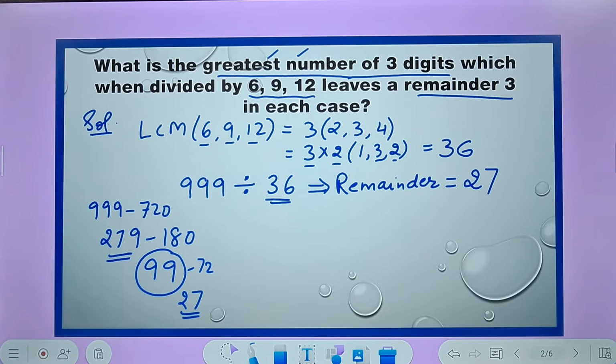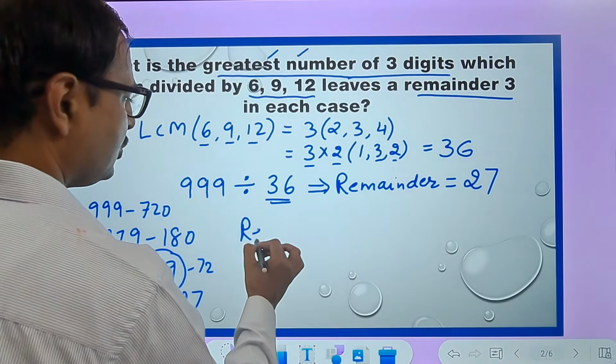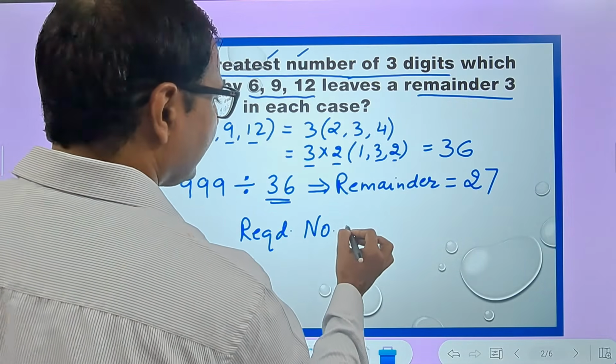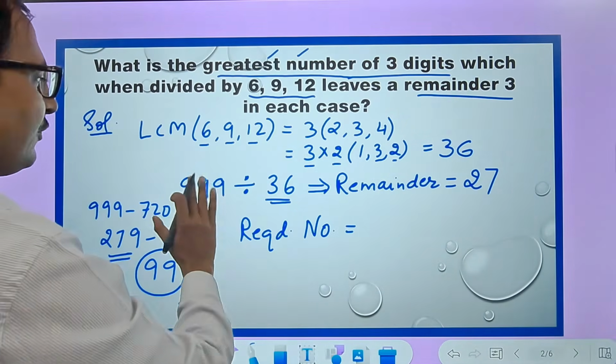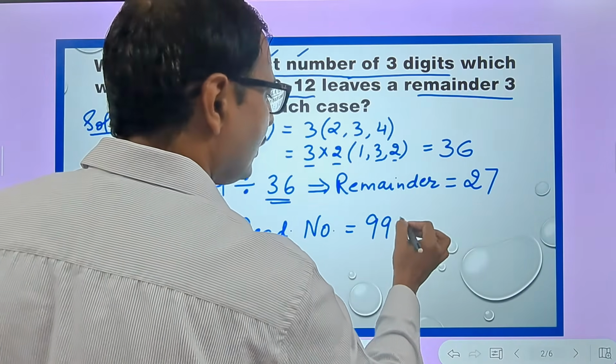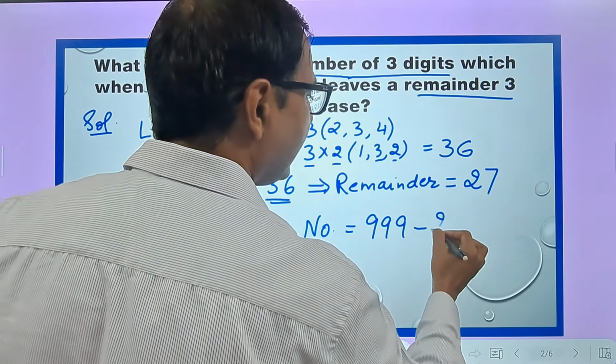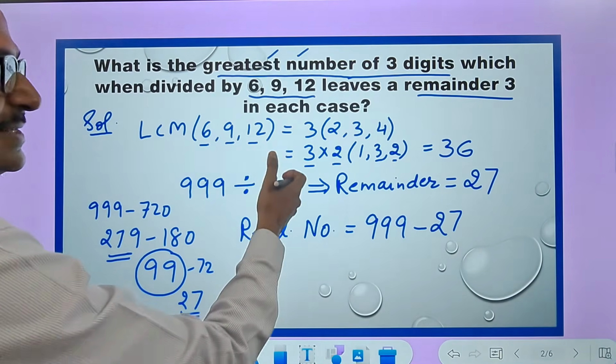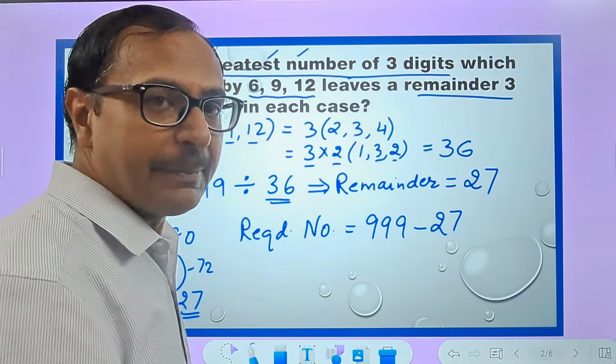And now, the required number, that means the answer for this question, will be: the greatest 3-digit number is obviously 999. You have to subtract the remainder from that, and that will give you the number which is divisible by 36, because we are removing the remainder.